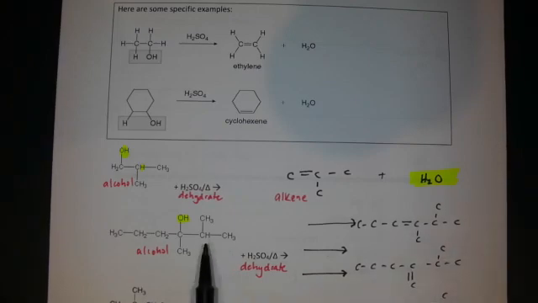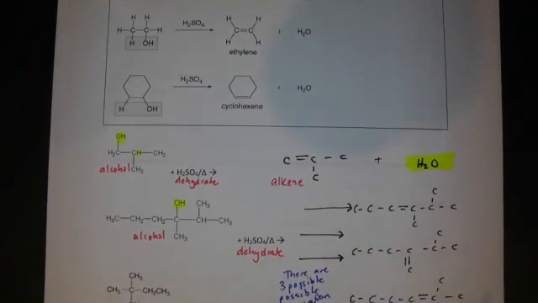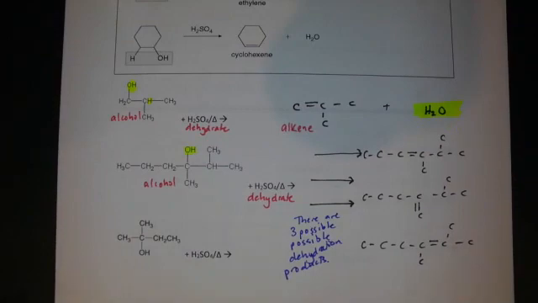And if we allow this hydrogen to be removed, then the double bond will go here. So I'm going to write down what I've just drawn. There are three possible dehydration products. Those are the three that we've just shown. Depending on which hydrogen you remove, the double bond will be in a different place.